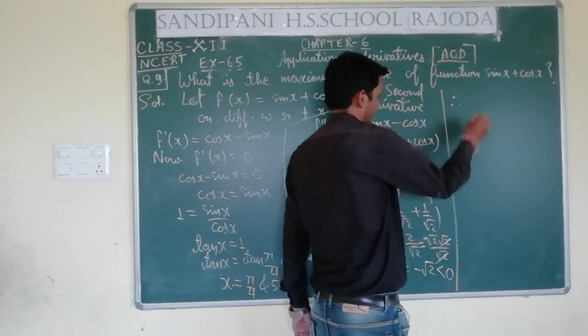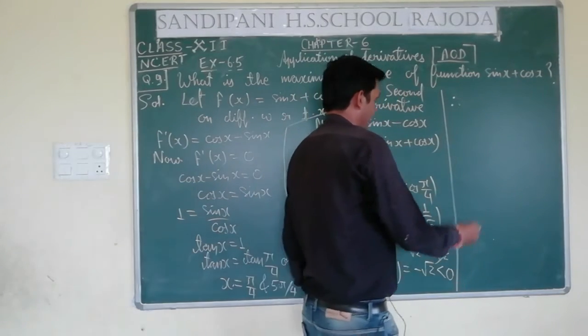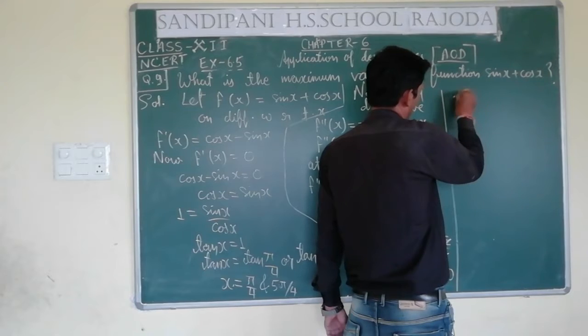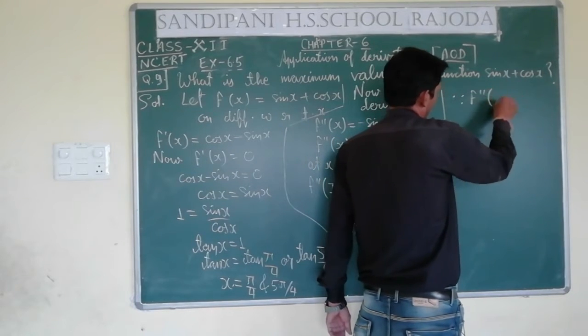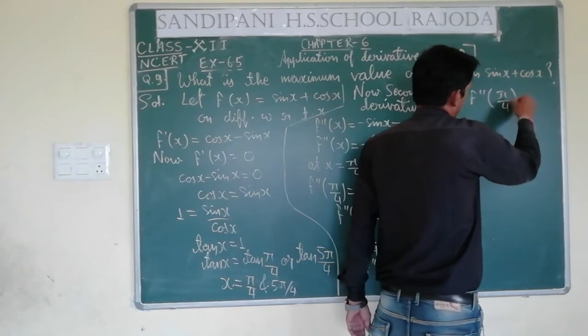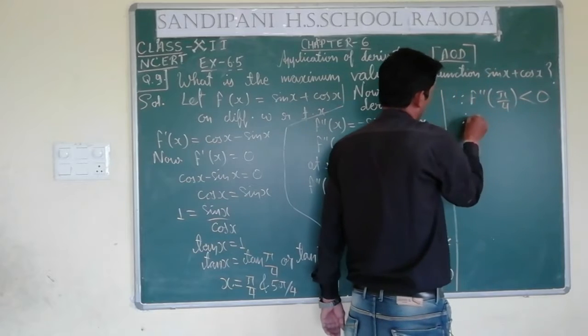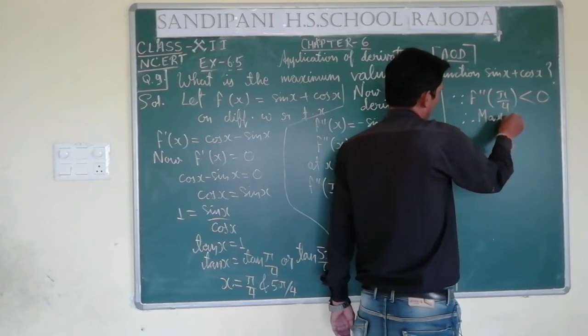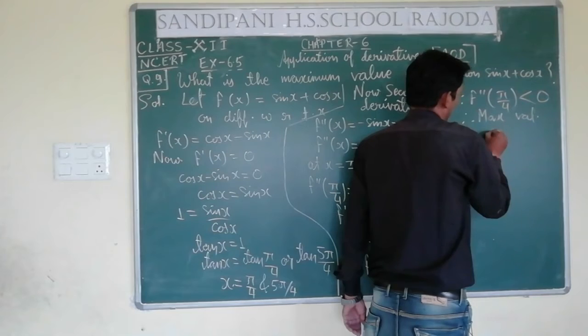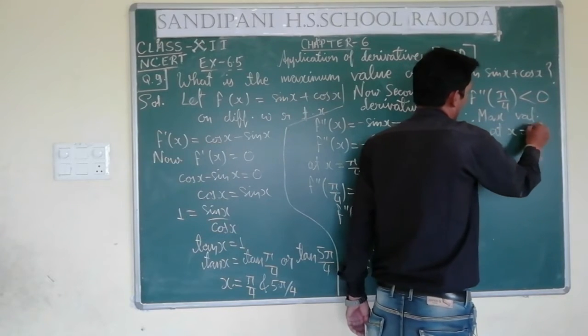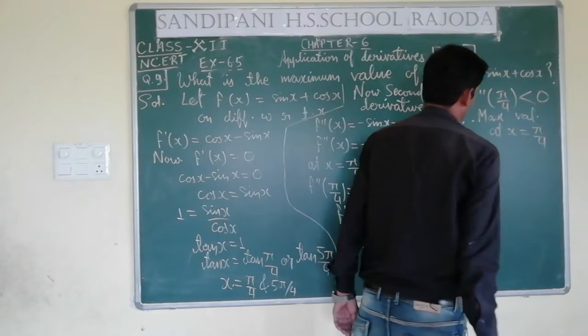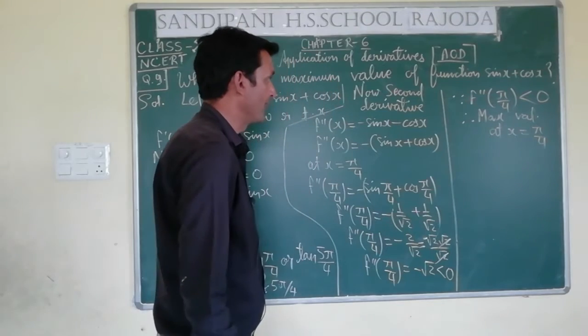Therefore, because f double dash pi by 4 is less than 0, therefore maximum value is at x is equal to pi by 4.